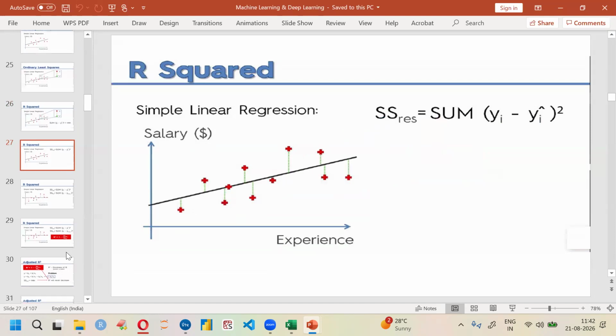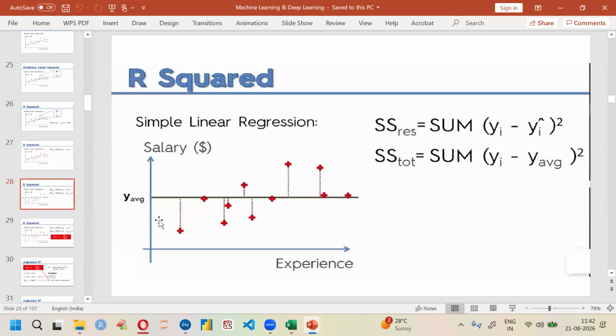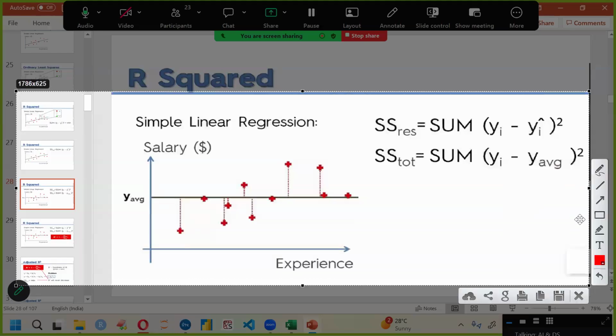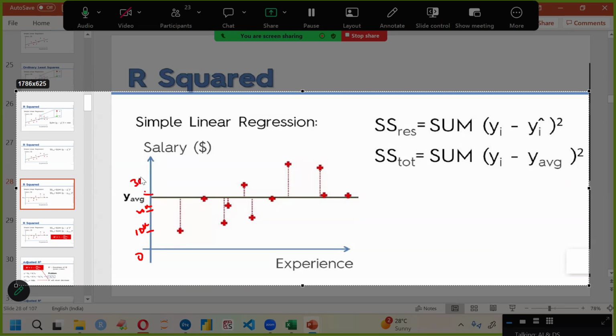Okay. Now after that, I'm calculating something called Y average. How do we get Y average? It is very simple. Suppose, for example, the values are 10K, 20K, 30K, 40K, 50K.